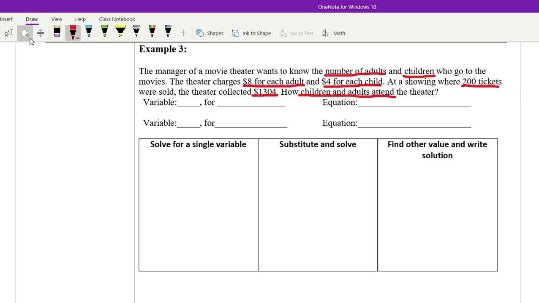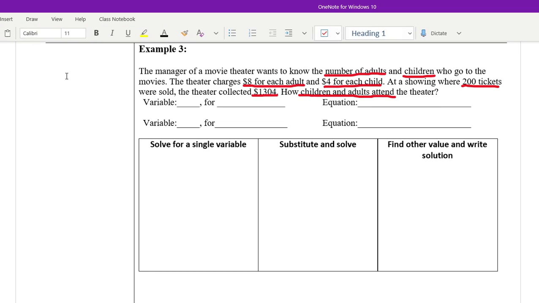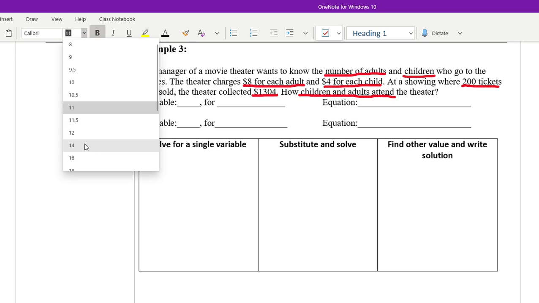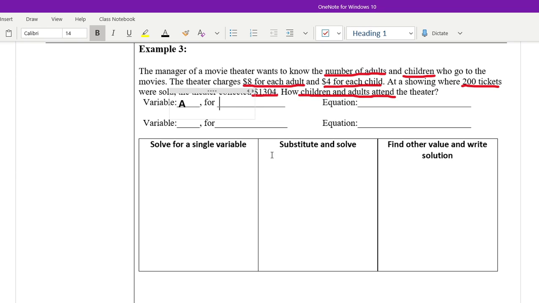Oops, need to go to my actual settings, switch over to text. My variables for this situation: A for number of adults, and C for number of children.